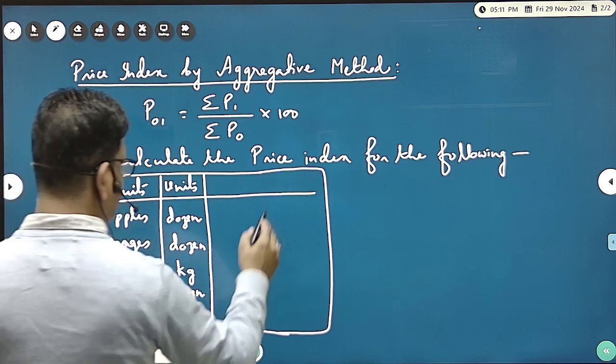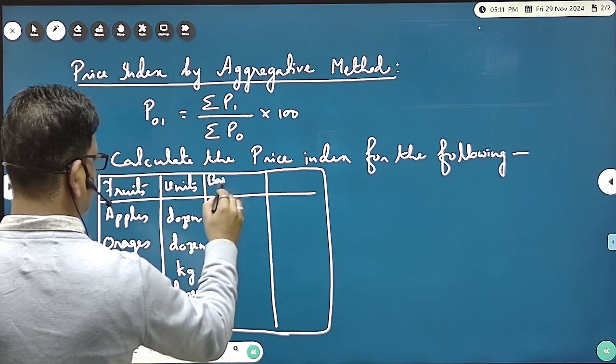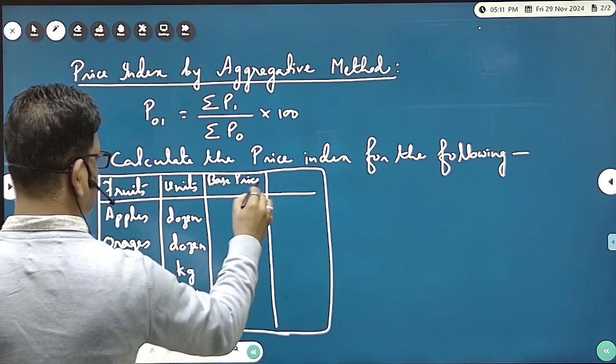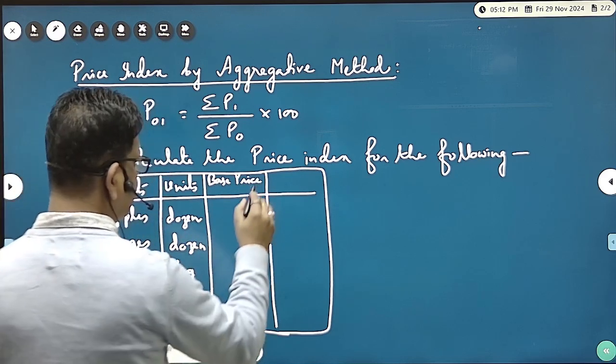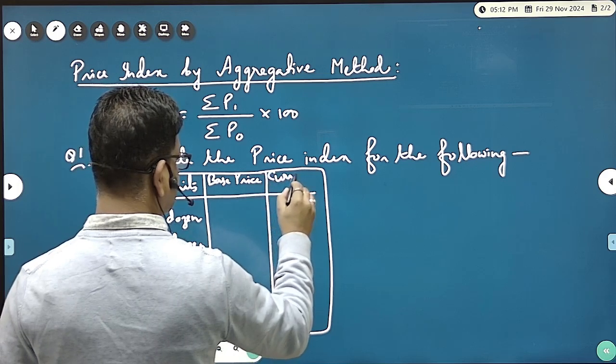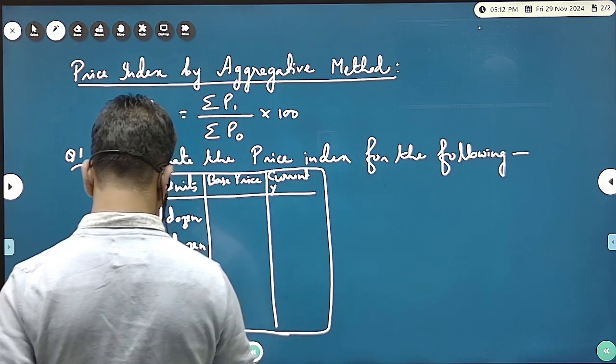So here I am going to write now the base price, original price, and their current price. Sometimes it is written current year price, same meaning current price.